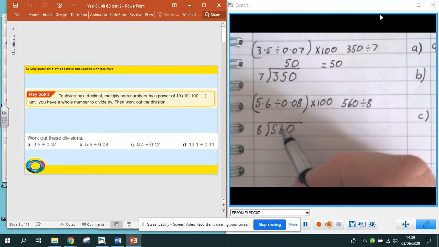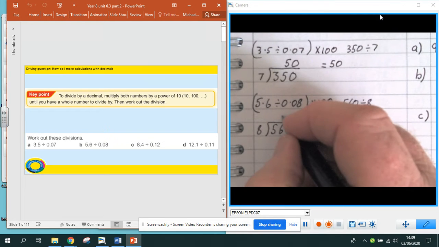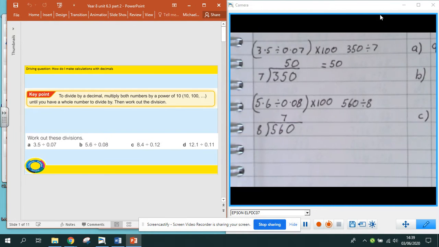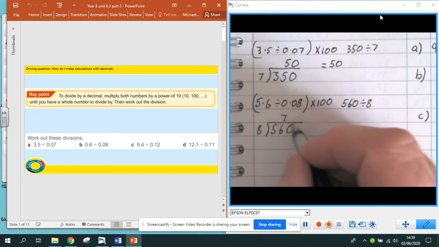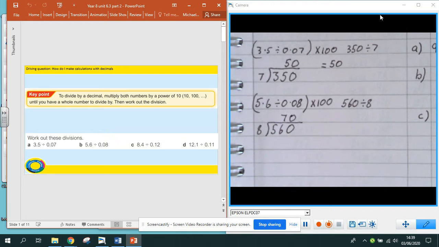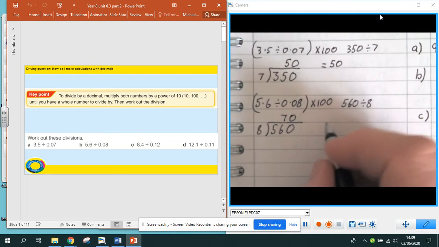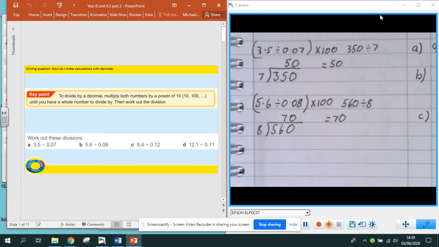How many 8s in 5? None. How many 8s in 56? 7. Is there a remainder? No, because 7 8s are 56. How many 8s in 0? 0. Is there any remainder? No. So that's my answer, 70.